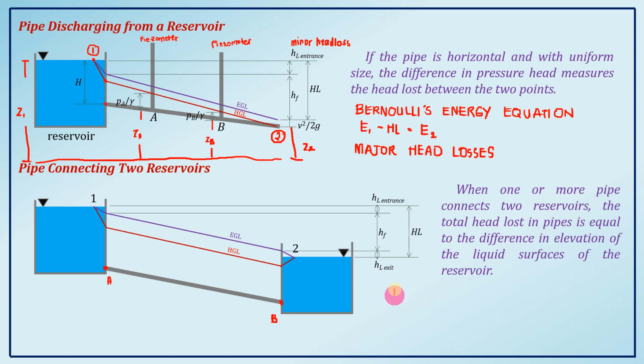So, this is the only tool we need here. Using this Bernoulli's energy equation, you can derive what is stated here: when you're considering two reservoirs connected by a pipe, the total head loss is just equal to the elevation.